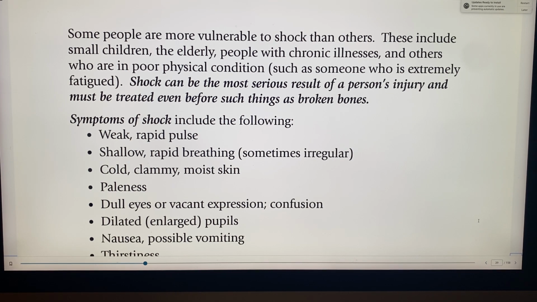So too long in shock can cause big problems, even death. Shock is life-threatening, and you need to treat shock immediately. Children, elderly, and people with chronic illnesses are more vulnerable to shock than any others. Shock can be the most serious result of their injury, more than the injury itself, like I said before.